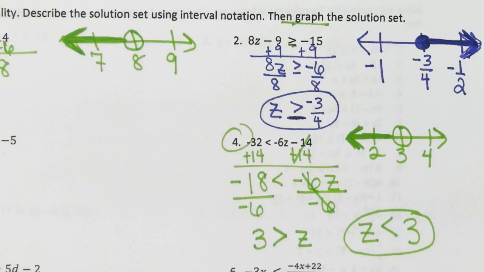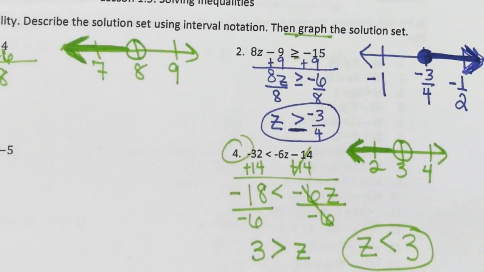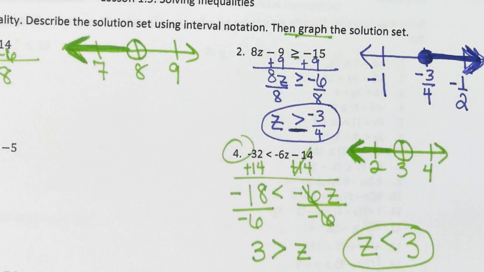Go to your partner. And we are working through number 10. And then we're going to come back together and talk about interval notation. Go to your partner first. All of them. We're going to solve them and graph them.